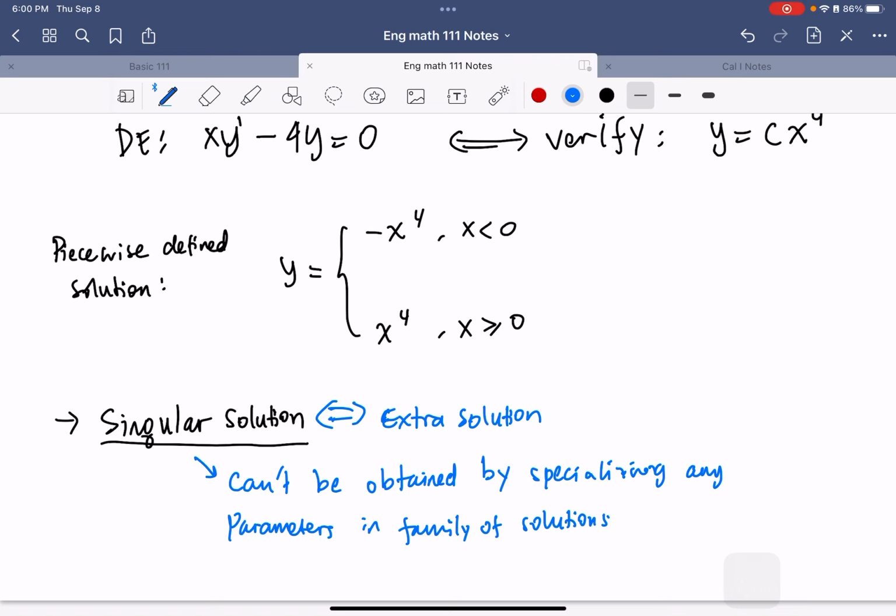For example, the easiest way to see a singular solution, usually it will have the structure y equals 0. So it's not a member of the family of solutions, but it might be a solution.